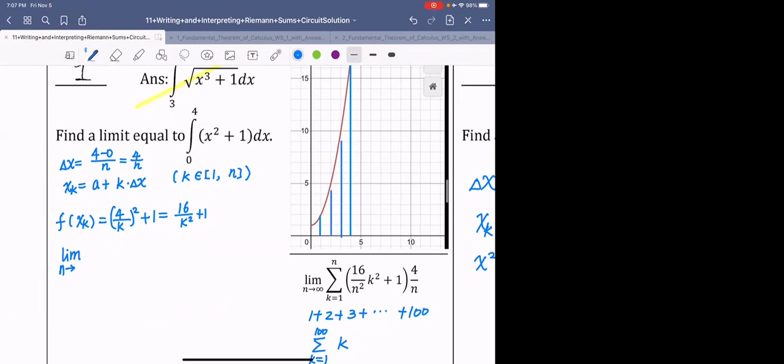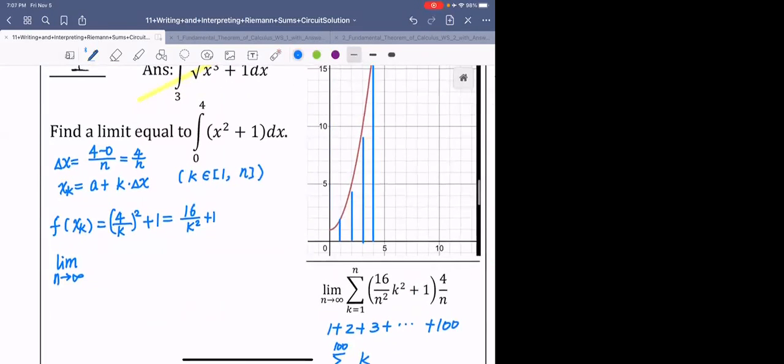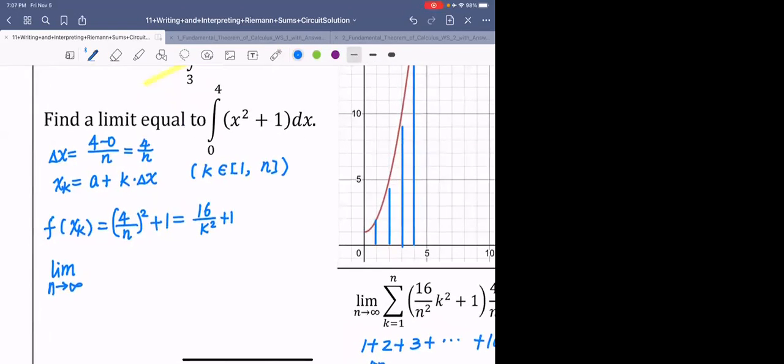So we make n go to infinity. Wait, isn't it supposed to be 4k over n squared? Oh, sorry, I have a typo.